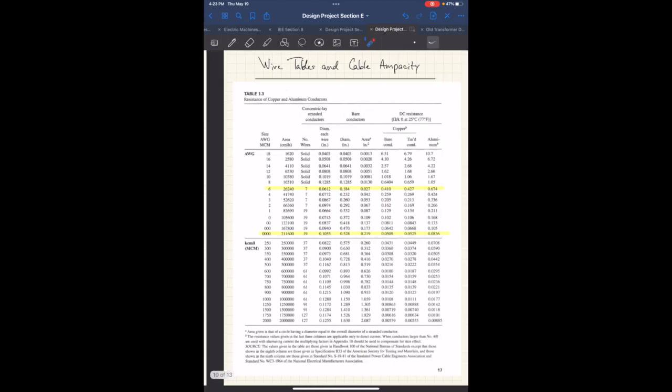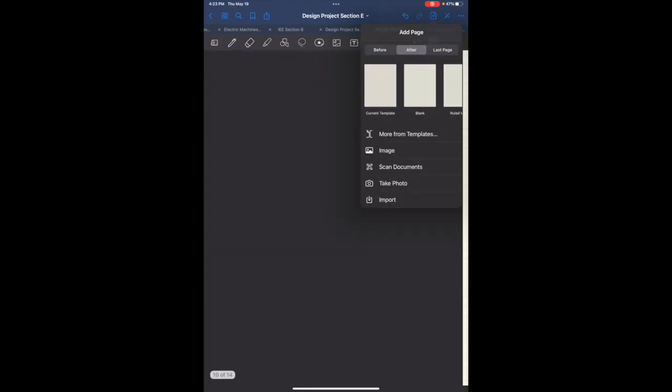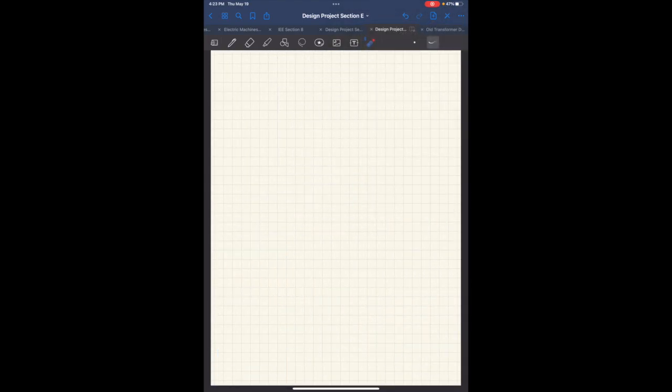Okay. So, according to the graph, at 1.35 Tesla, the core loss is 0.4 watt per pound.